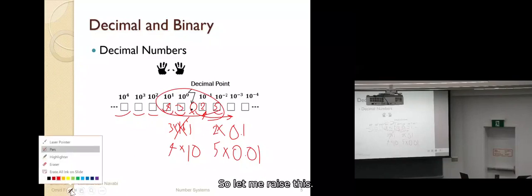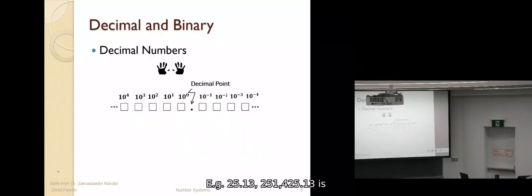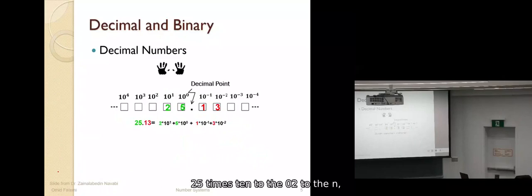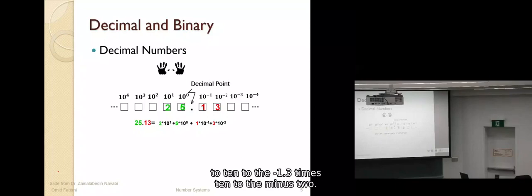So let me erase this. For example, 25.13. 25.13 is 5 times 10 to the 0, 2 times 10 to the 1, and 1 times 10 to the minus 1, and 3 times 10 to the minus 2.